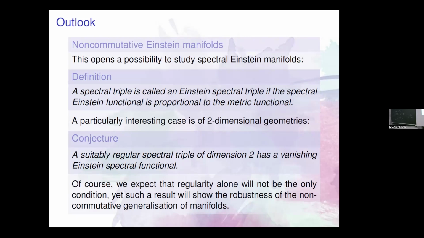It would be nice to check it for other non-commutative two-dimensional manifolds that you know, for instance, all quantum spheres. We expect that it's not only regularity; there would be something else. But this gives us access to something you can call an Einstein manifold.